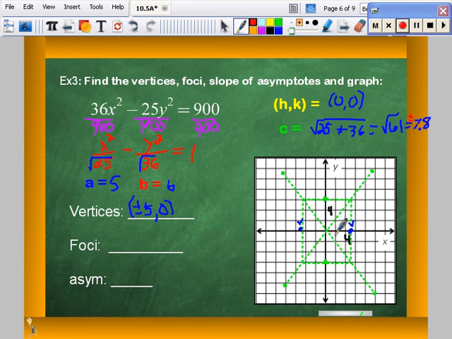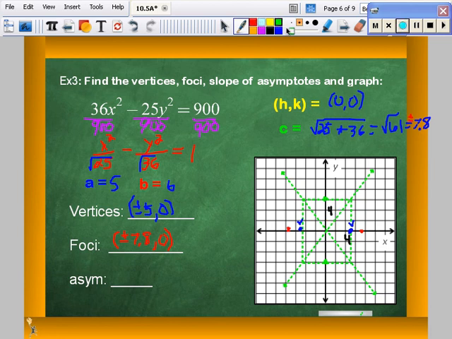So 2, 4, 6, almost on the 8, not quite on the 8. Those are our foci, and so we'll go ahead and say plus minus 7.8, comma 0. And let's see what our asymptotes are.